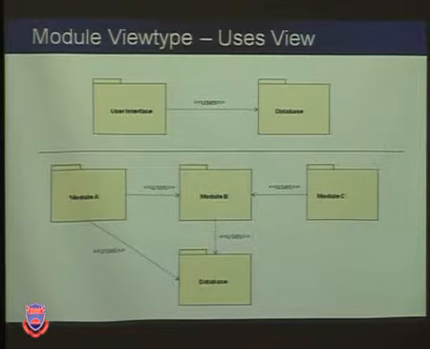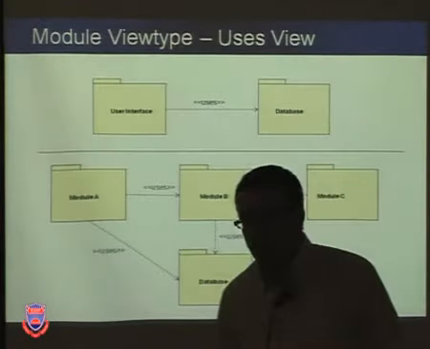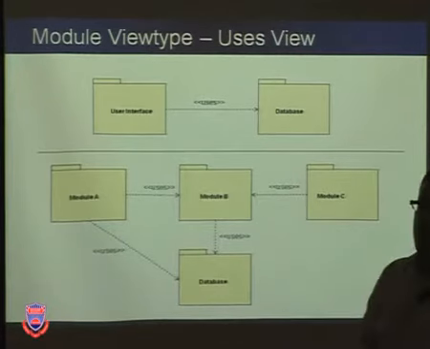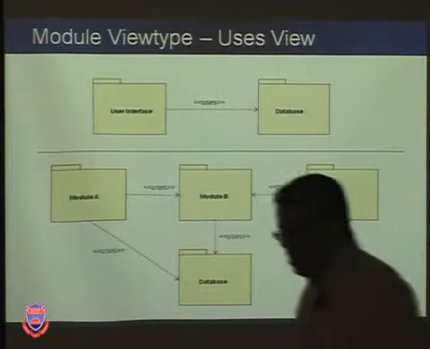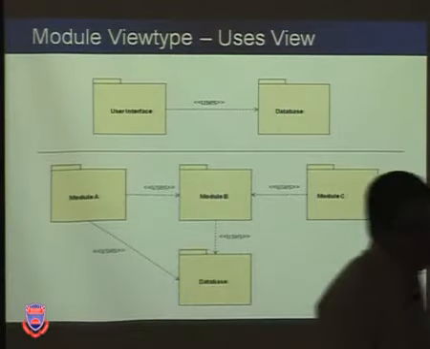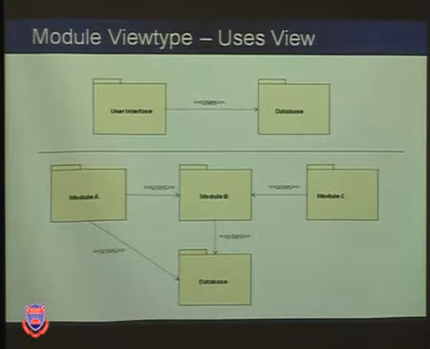We have module A, module B, module C, which use the database. Module B uses the database, module A uses the database. It's a uses style, a uses view based on the uses style. The uses style is from the module view type. What's the key issue here? Representing the architecture based on the implementation units. So these are all implementation units.